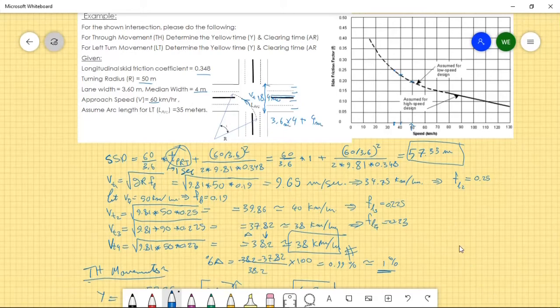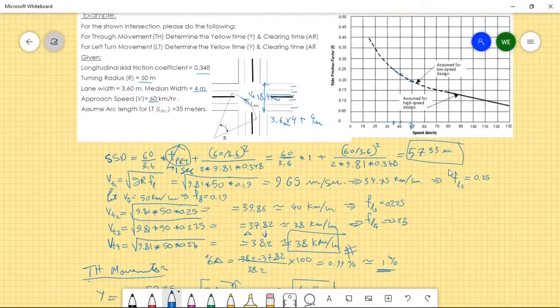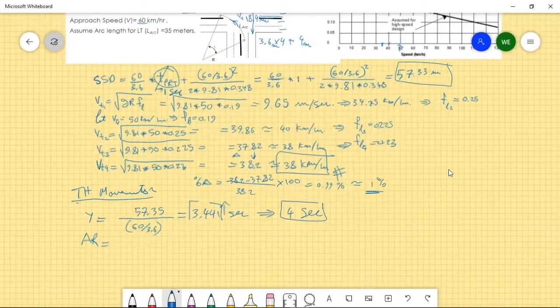So here the all red will be the passing distance plus vehicle length divided by the passing speed.